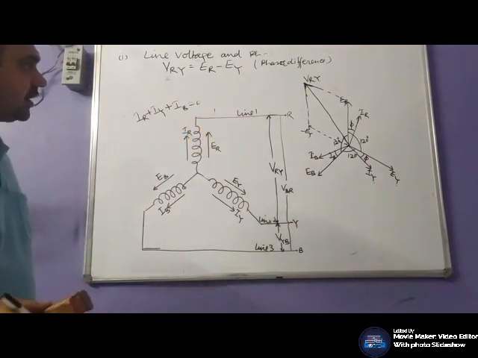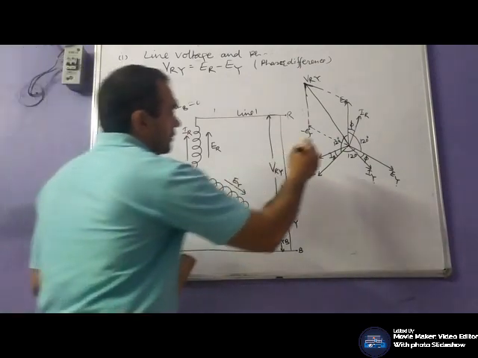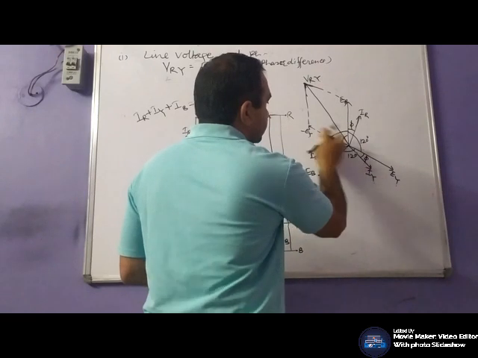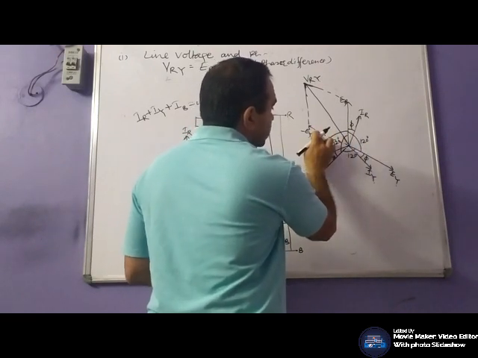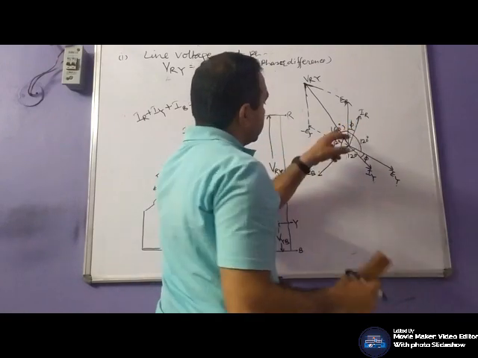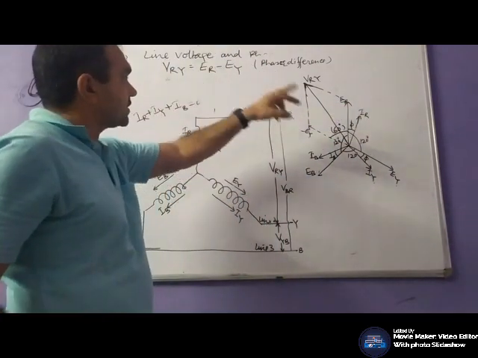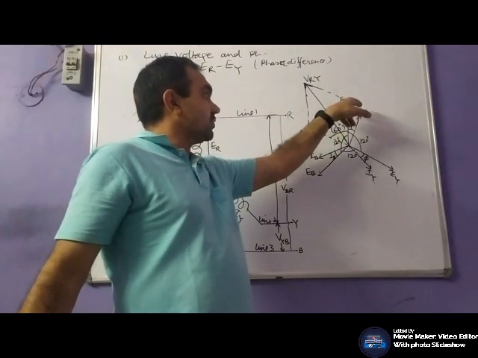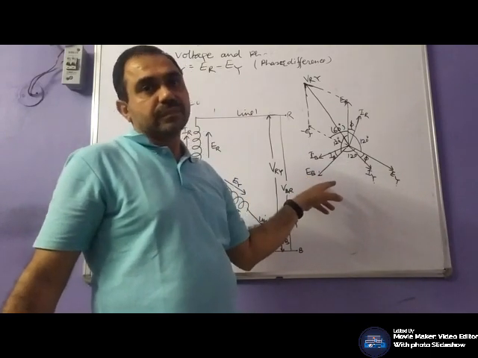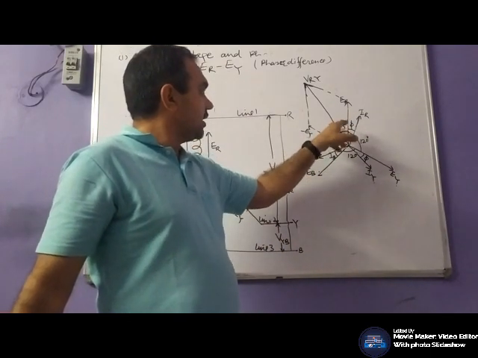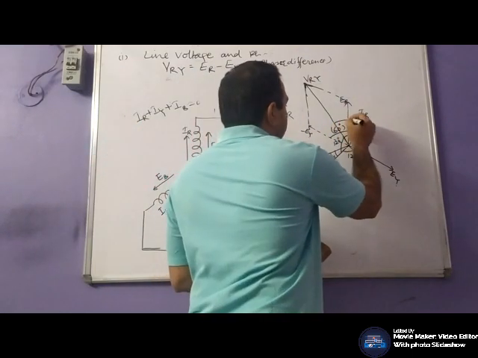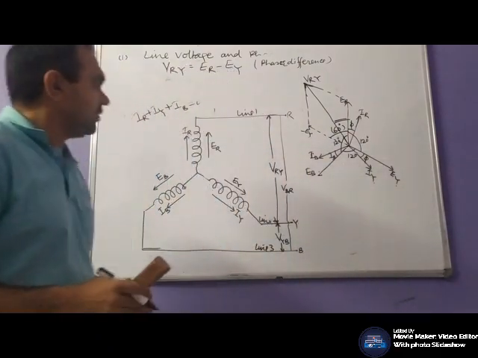So we can find out the VRY by simply seeing what this angle will be. If this angle is 120 in phasor position, so this will be 60 degree. But obviously, we have discussed that in a balanced system, ER, EY and EB are equal. Hence, the angle would be 60 degree, or this would be half of the angle, the 30 degree.